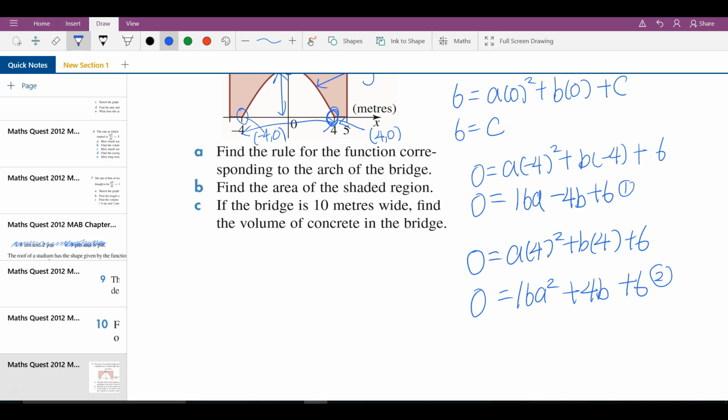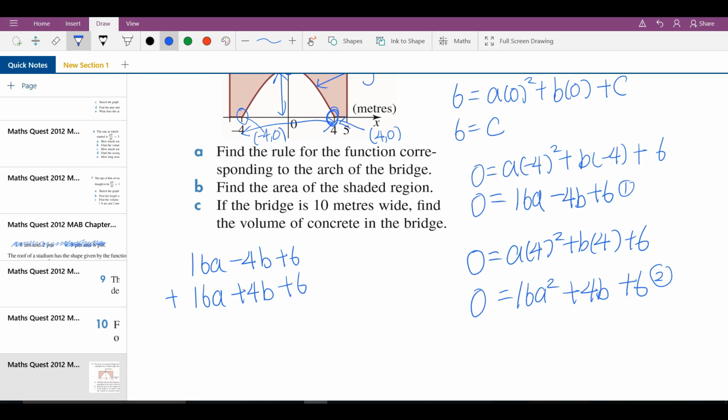Alright, so let's use the look. I know I said I love substitution, but this is obvious. We should use elimination here because most of the terms are pretty much the same. So let's use that. All right. So the first equation is 16a minus 4b plus 6, and the other is 16a plus 4b plus 6.